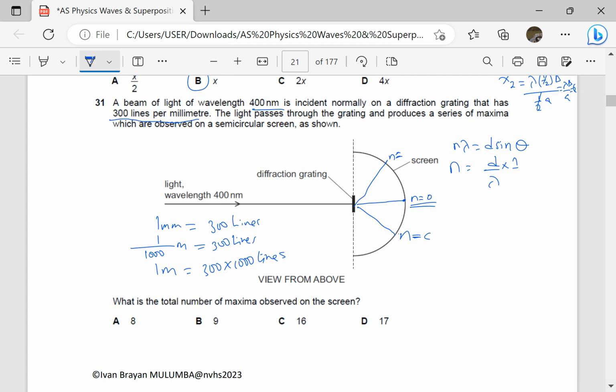Therefore, you also know that d is equal to 1 over N, where N is the number of lines per meter. So I'm now substituting here. So n maximum is going to be d, which is 1 over N, this is 1 over 300,000, times 1 divided by the wavelength, which is given as 400 nanometers.